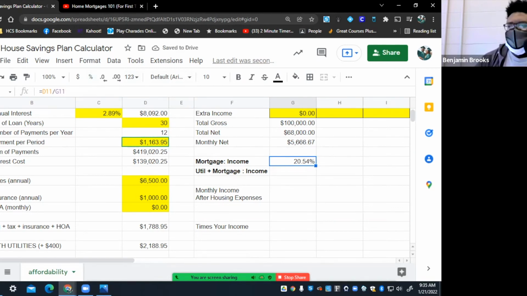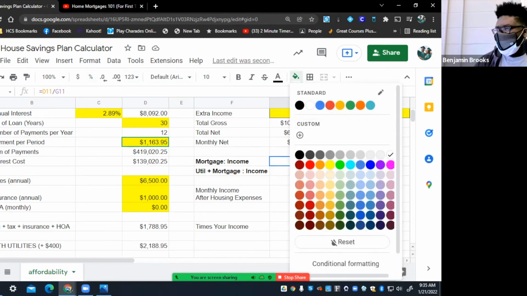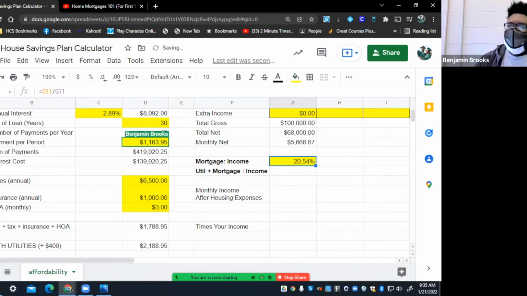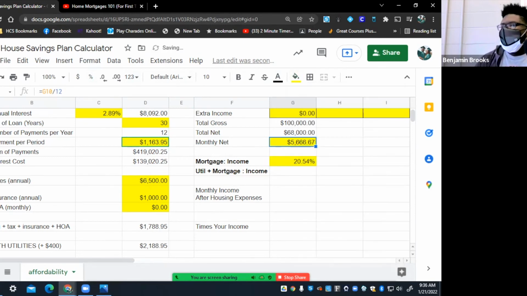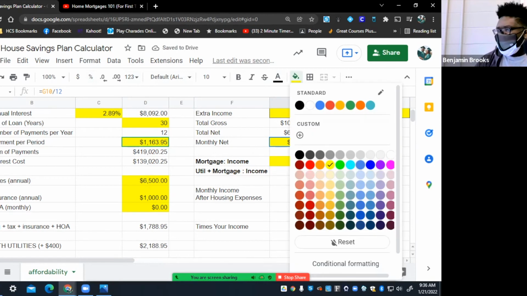So all I did was I clicked on cell G13. And I probably should highlight this, honestly. Should do that right now. But I've got my payment per period divided by my monthly net per period. These two, actually, I'm going to put these in purple.